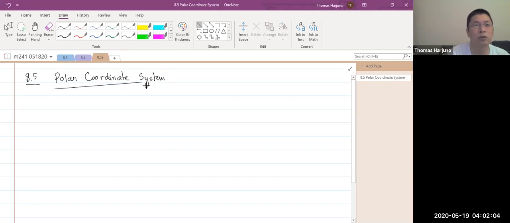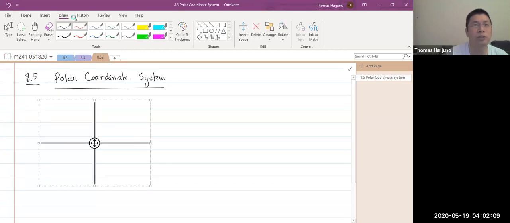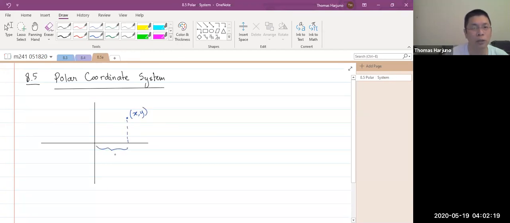Basically, so far we use the rectangular coordinate system, in which the position of a coordinate is expressed by (x, y), where x is how far you go to the right and y is how far you go up from the origin. That's the rectangular coordinate system.